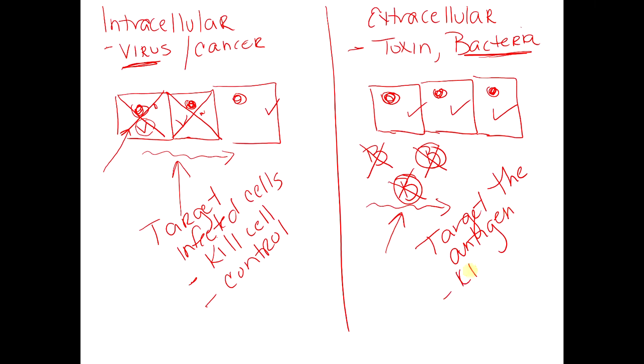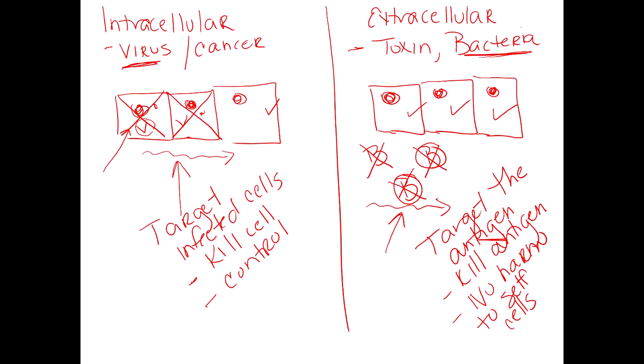We're going to kill the antigen or deactivate it, depending on if it's a toxin or whatever, and we're going to do no harm to self cells. So you can see there's two different distinct responses that we're going to elicit.